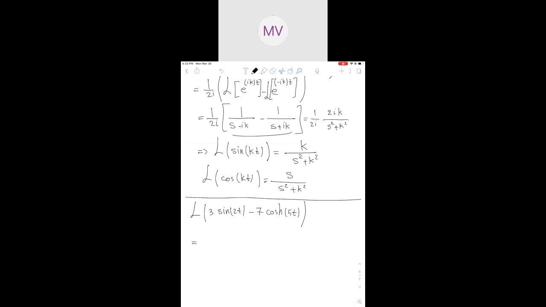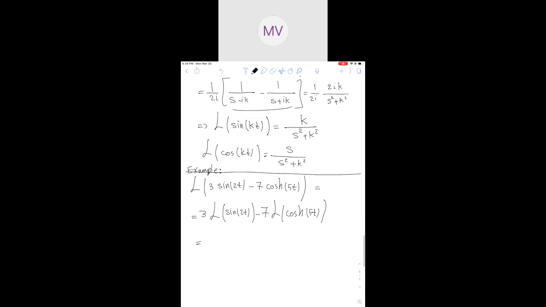Okay, let me write down that this is an example. So it's linear. Laplace is linear, so you can first of all write this as 3 times Laplace of sine of 2t minus 7, that's a constant, Laplace of cosh of 5t.